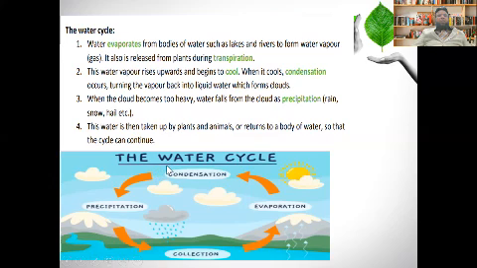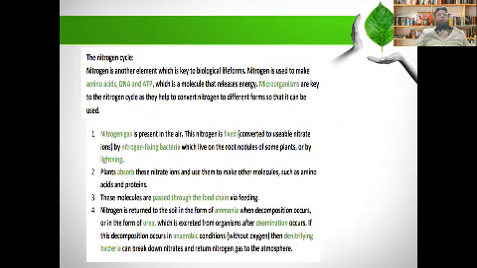And by condensation, condensation takes place over there, and then precipitation, this water again comes on the ground, which is collected again into the watery bodies. So this circulation of water in the atmosphere or in the whole watery bodies is named the water cycle.